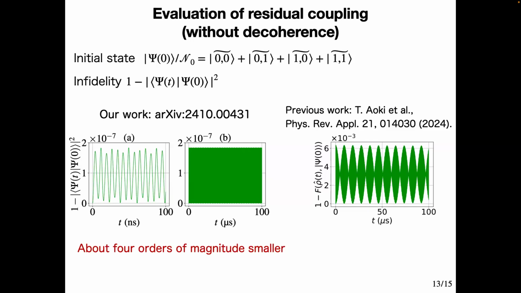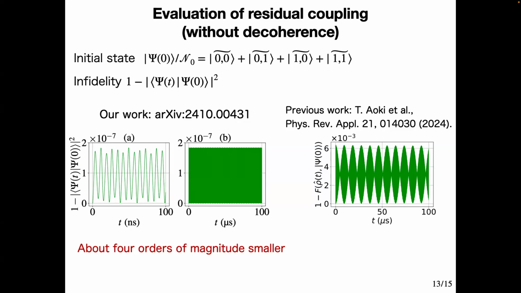The previous explanation is based on a perturbation theory. So to check if the ZZ coupling is really switched off, we did numerical calculations. We prepared the initial state as a superposition of 4 logical states, and we checked whether or not the time evolved state changes from the initial state.